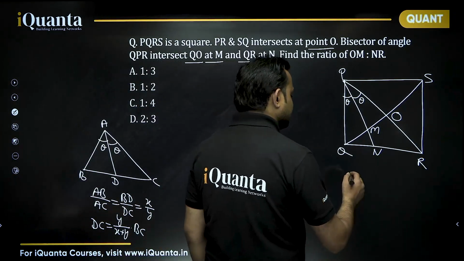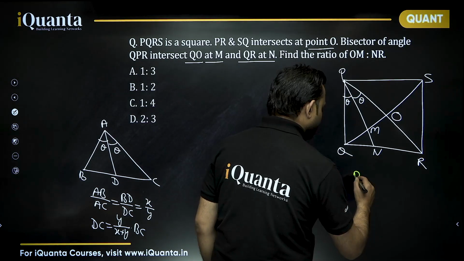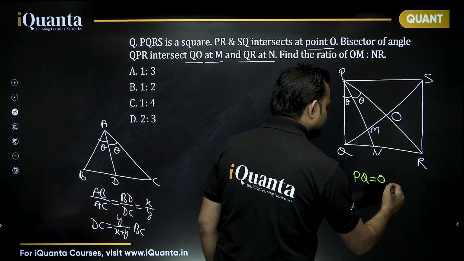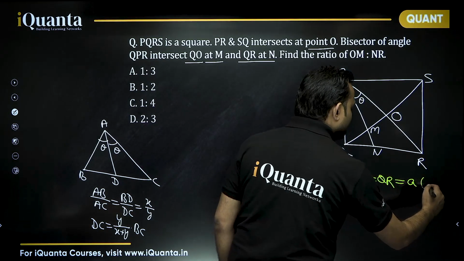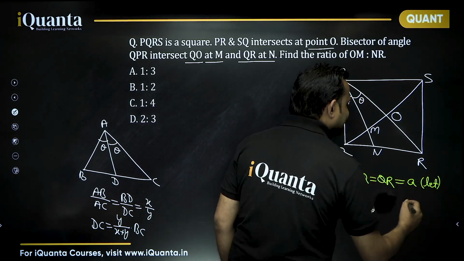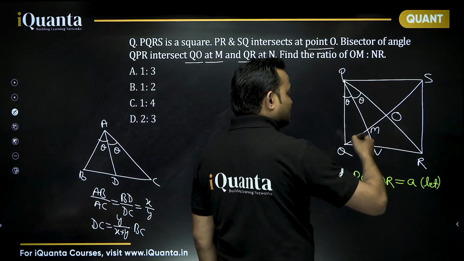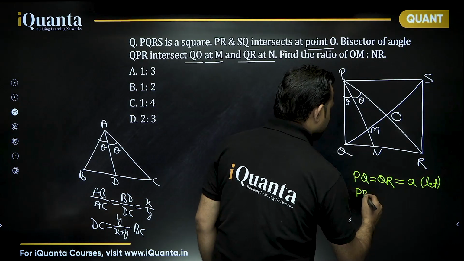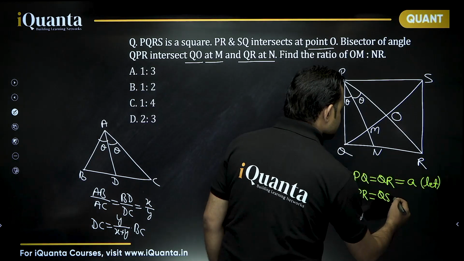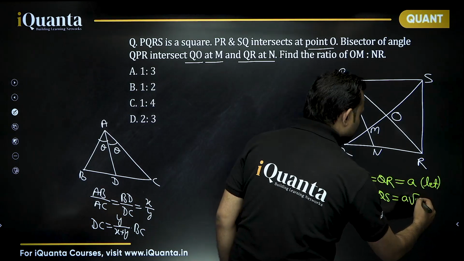Can we say the length PQ is equal to QR, or all the side lengths, let's say this is equal to A. In that case, the length of the diagonal, PR, is equal to QS. This will be equal to A root 2.